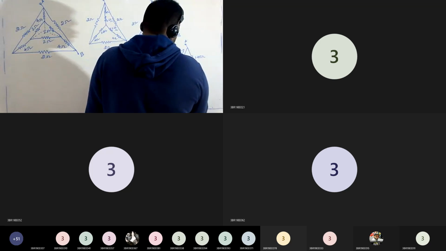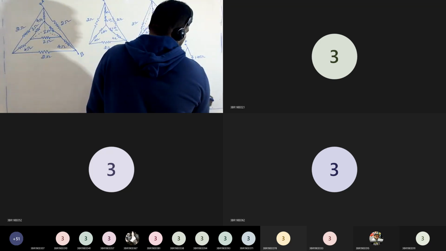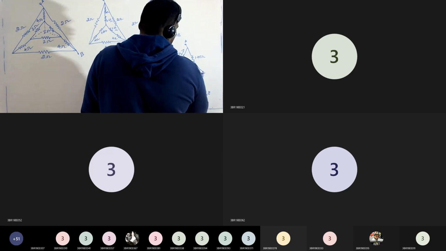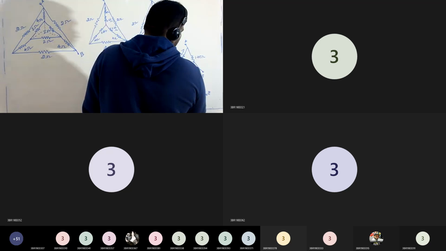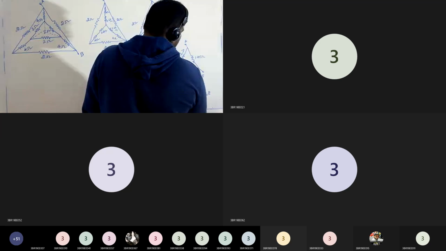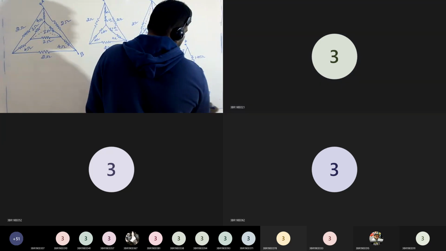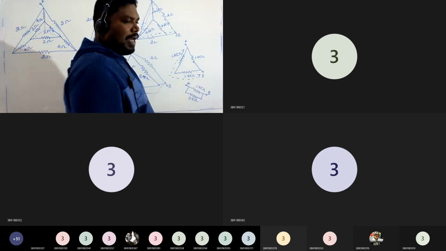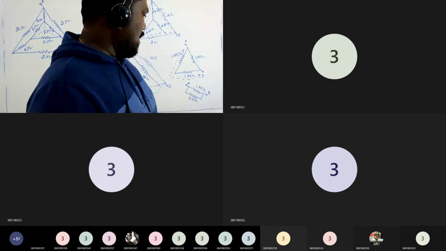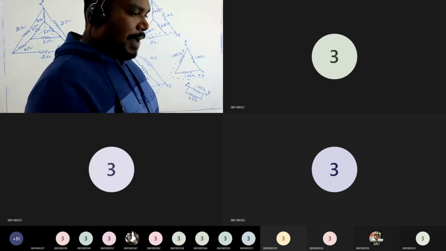So, between A and B it is 1.75, and these two are in series. So 1.75 plus 1.75 is 3.5. Now these two are in parallel: 3.5 ohms as well as 1.75 ohms are in parallel.